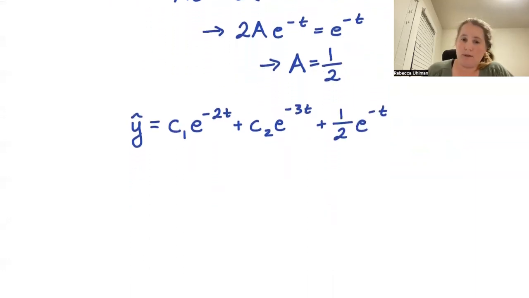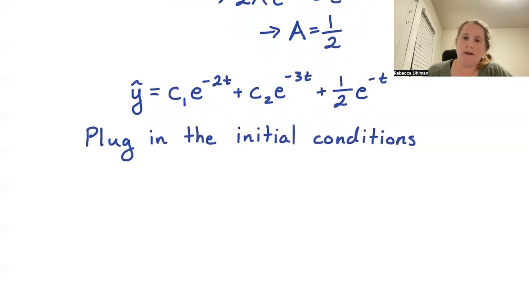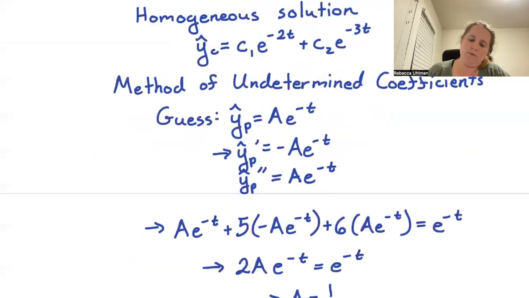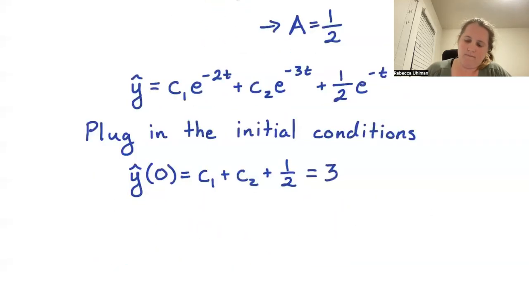From here, we need to solve for c1 and c2, right? So plug in the initial conditions. We are looking at y hat of 0, which is just c1 plus c2 plus 1/2, should be equal to 3, or in other words, c1 plus c2 is equal to 5/2.